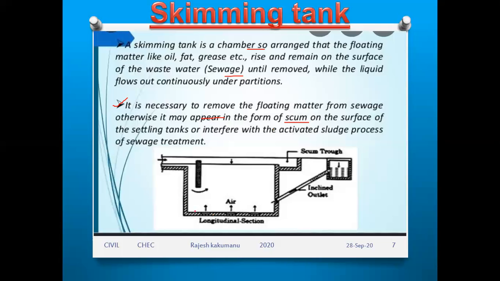If you see the skimming tank, at the bottom you have the air diffusers where air passes inside the tank. There is a shaft or a rod which rotates and skims the water. Thereby the scum forming on the top surface settles at one point and is further removed.